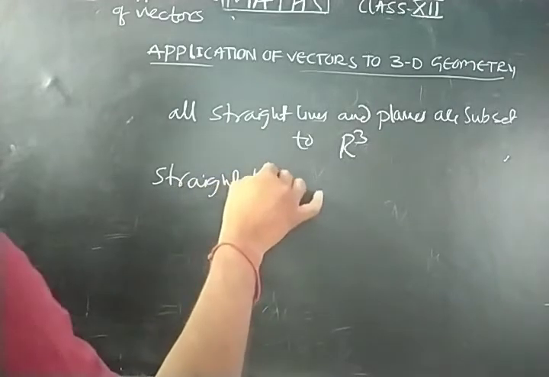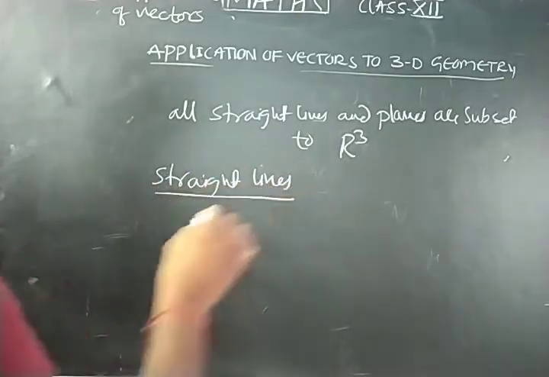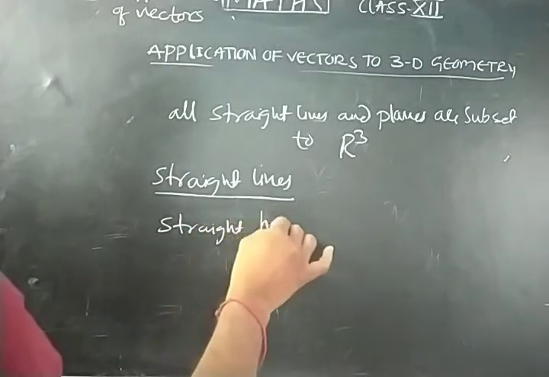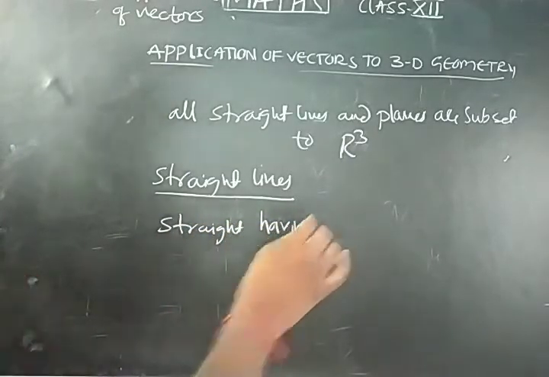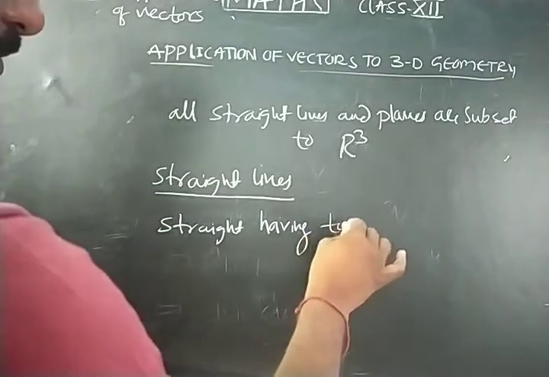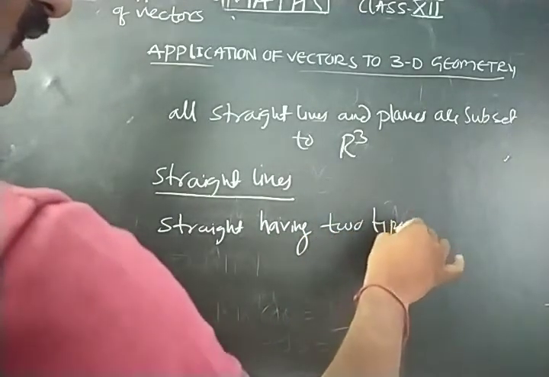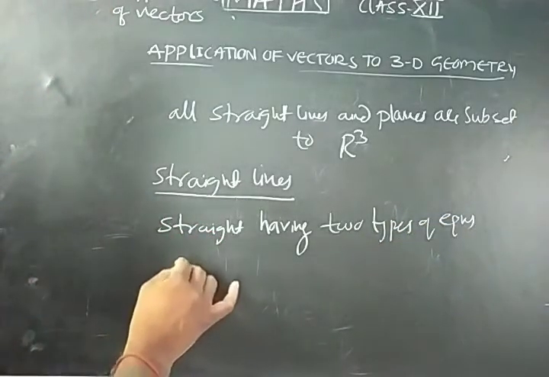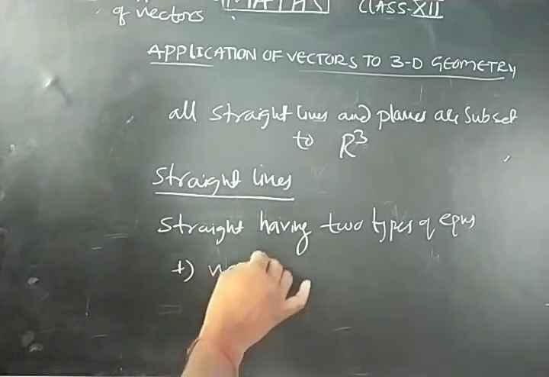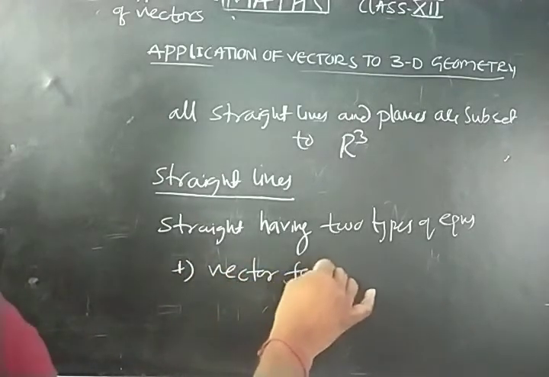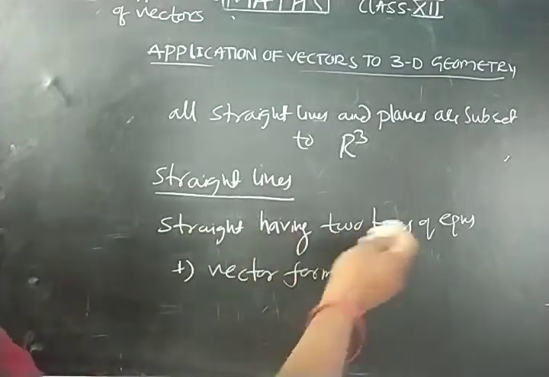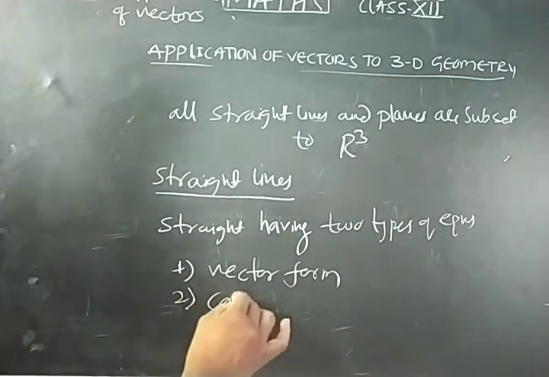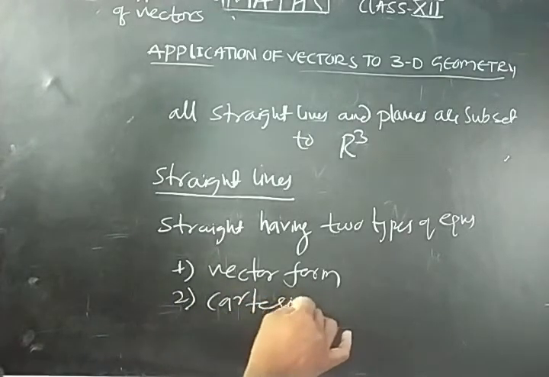Straight lines have two types of equations: one is vector form, second one is Cartesian form.